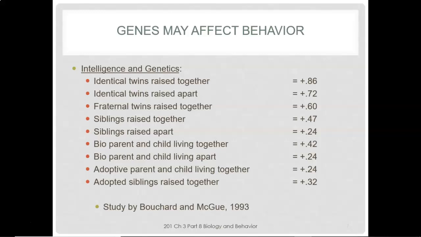intelligence manifestation, I guess. And then when the researchers looked at adoptive parent and child living together versus adopted siblings raised together, not much of a correlation for adoptive parents and children. And adopted siblings raised together, about a positive 0.32, still a very weak correlation.